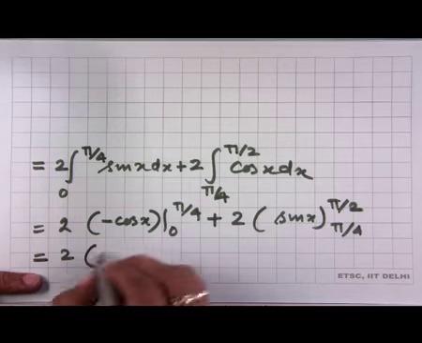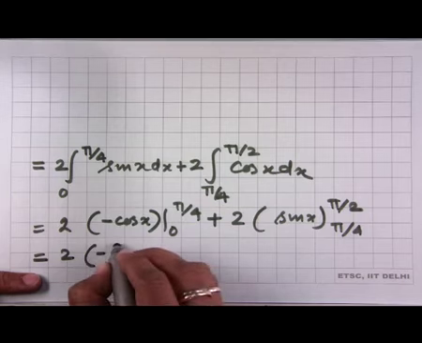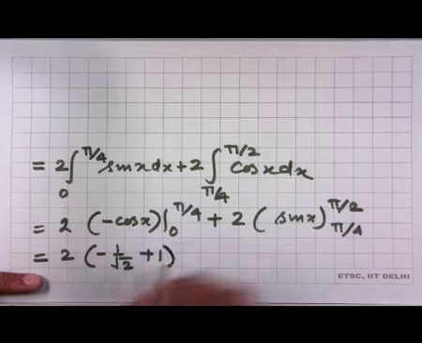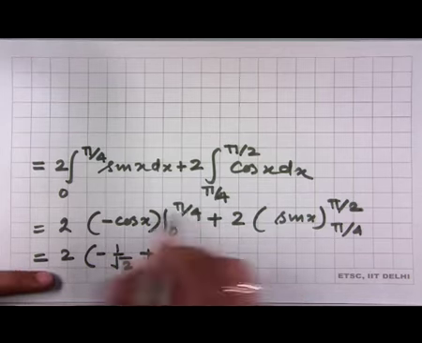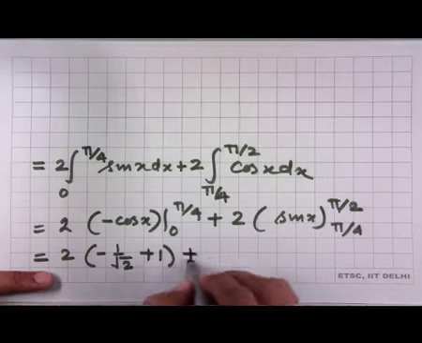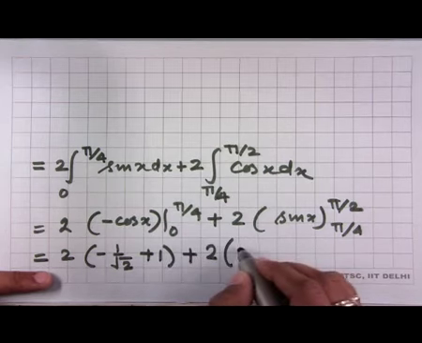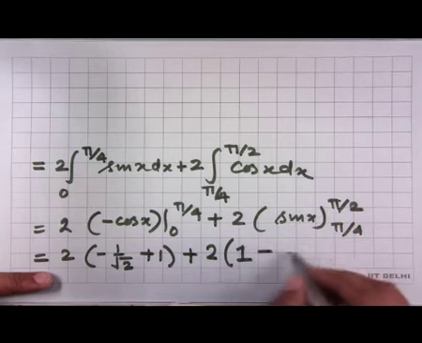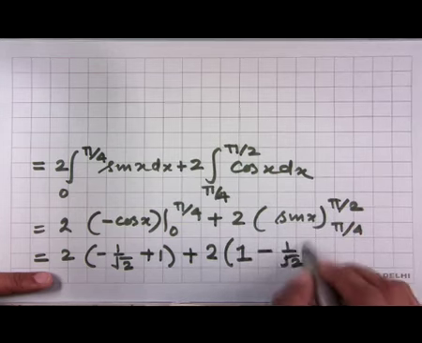By putting the upper and lower limits, we get the upper limit is this and the lower limit will give you 1 by root 2.